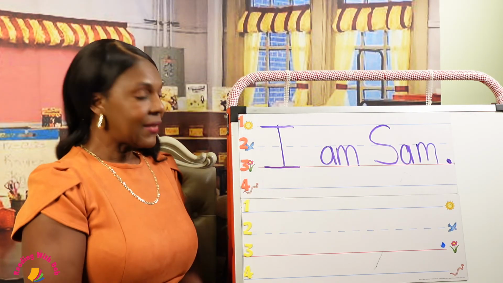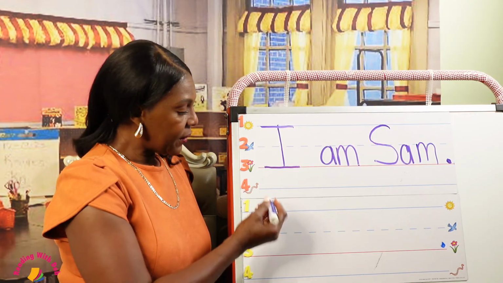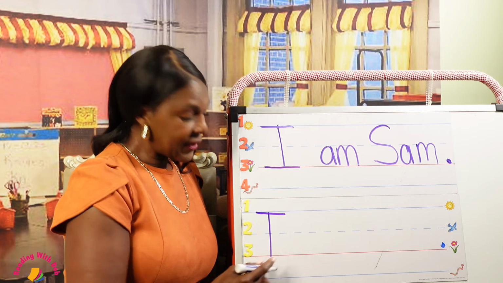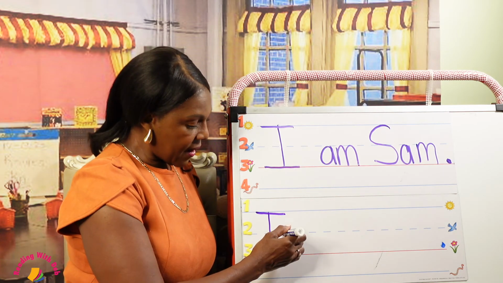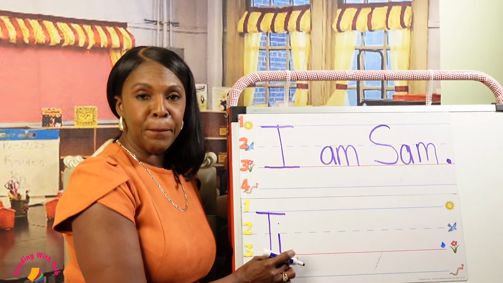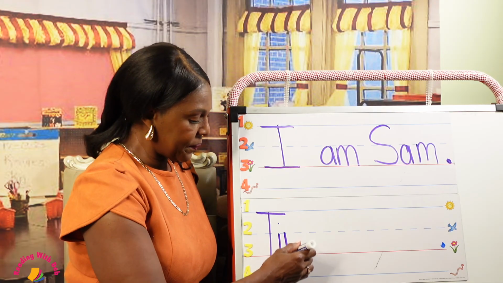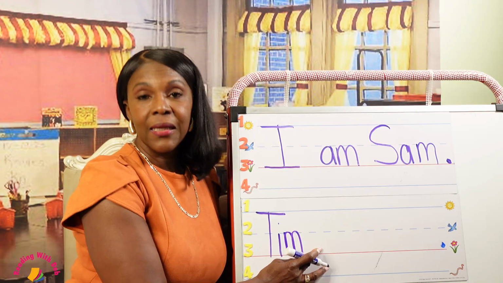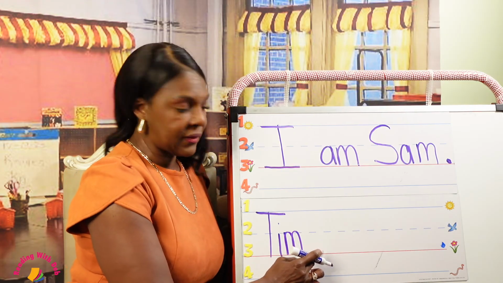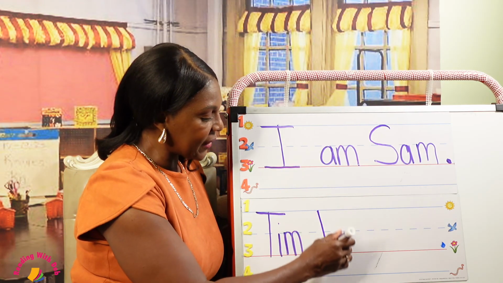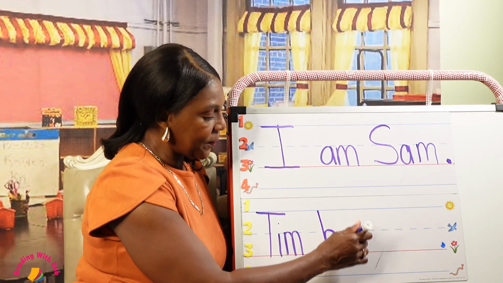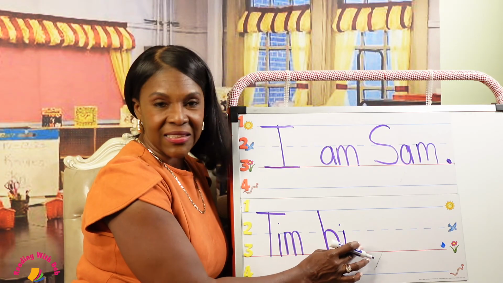Okay. Tim is the first word. Starts with a capital T. I, Tim, M. That's my first word. I need a space. Tim bit. B. That's a B. I, bit.